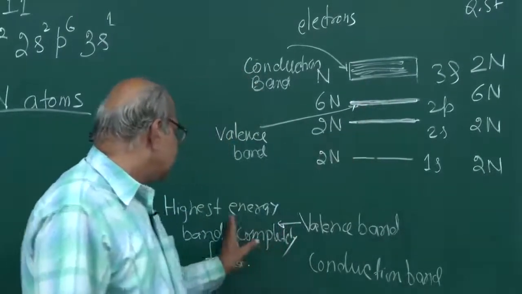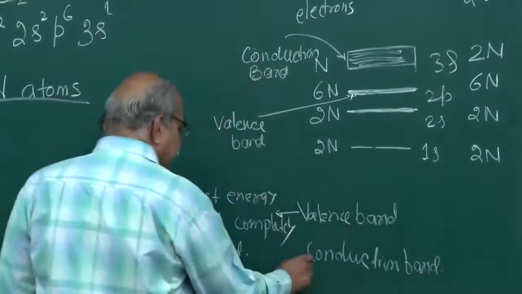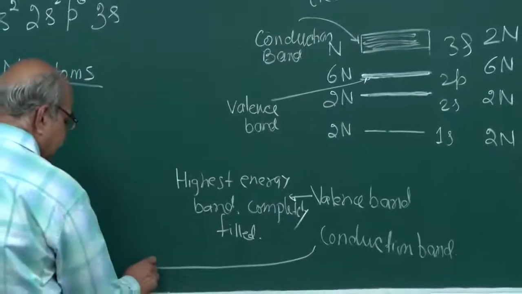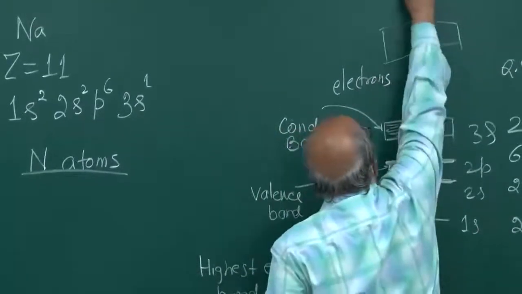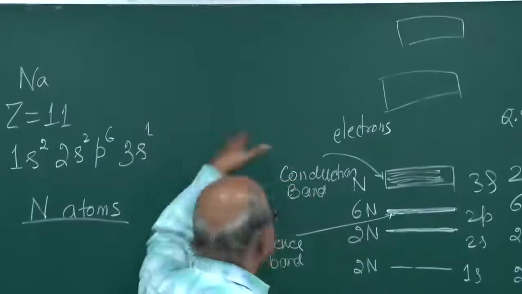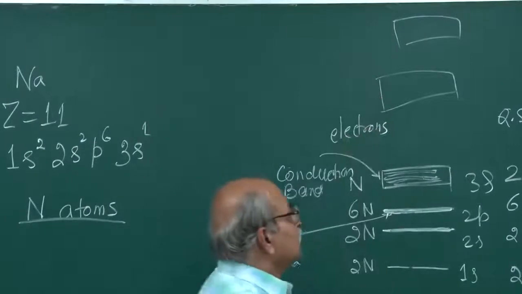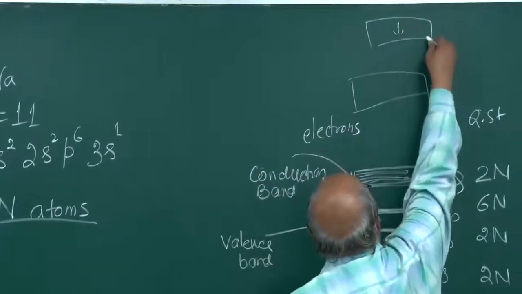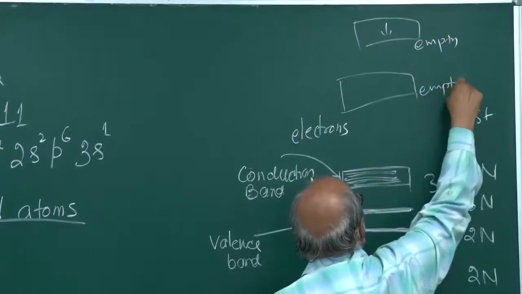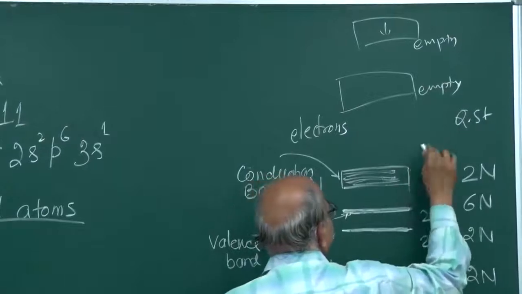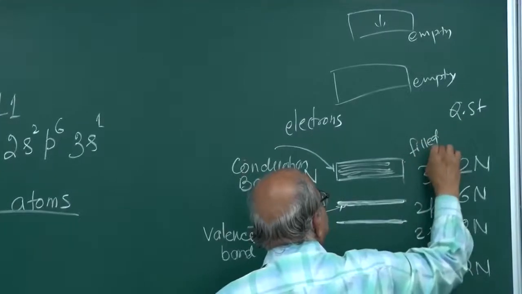So, this is how the valence band will be defined, and next to the valence band will be the conduction band. You can come from the top, where you have other bands also, 3s, 3p, 3d, 4s, everything is there, and they are all empty. So, if I come from the top, this is completely empty, this is completely empty, and here you have some filled states, not completely filled, but some filled.